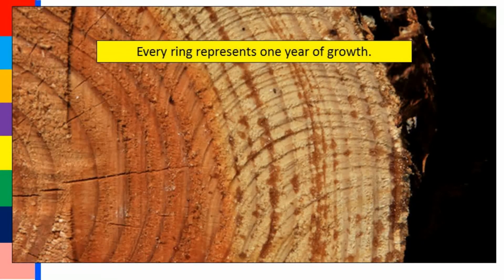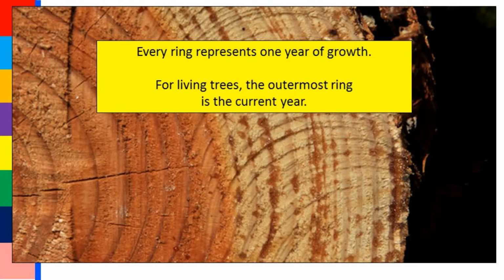For a living tree, it's pretty easy to establish when each of those rings was grown, because the outermost ring represents the current year, and the farther back in time you go, the closer you get to the center of the tree trunk. So dating the tree is not so hard in that case.